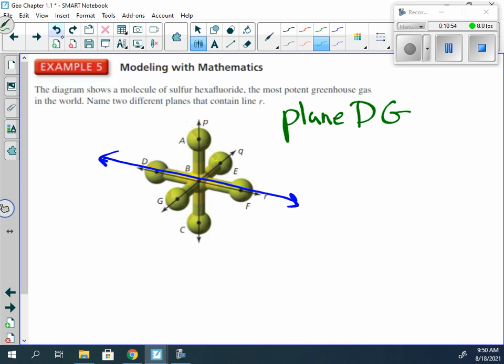So DGE, because if we talked about the flat plane going straight across, that would work. So those work. And I think you're saying plane D what? Would work, because we're talking about the plane going straight up and down.